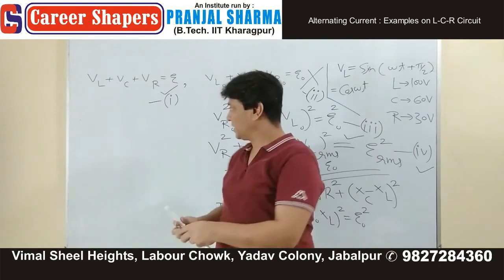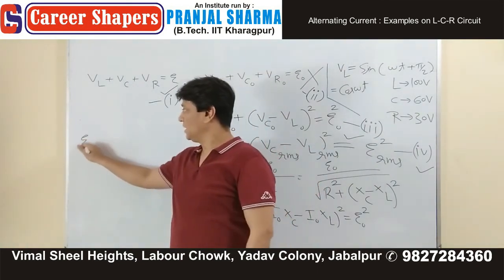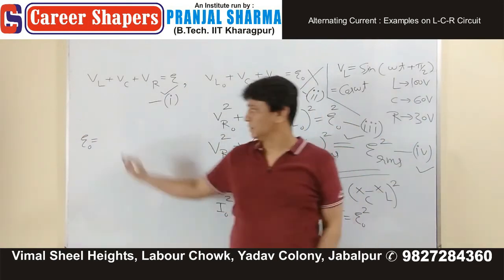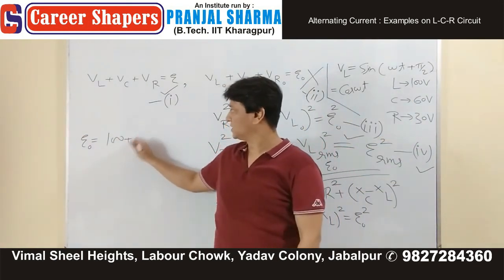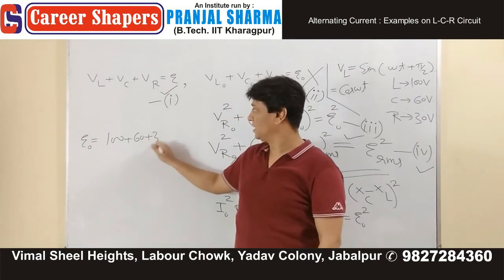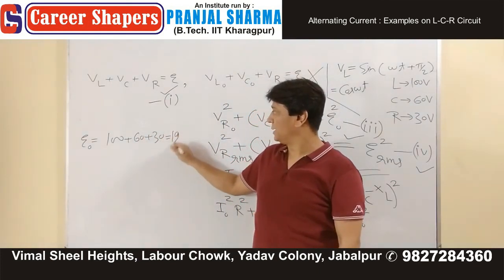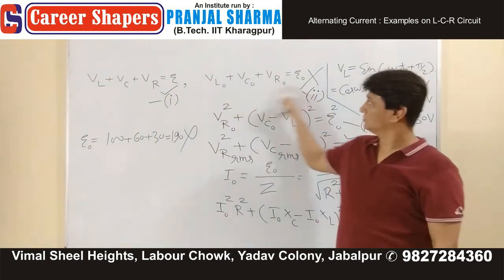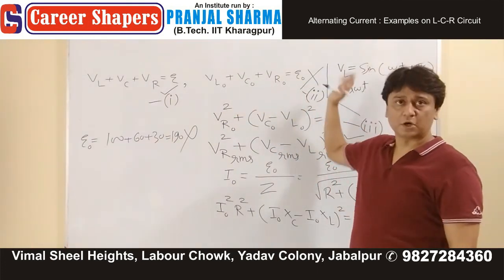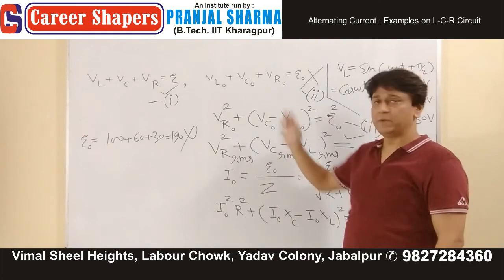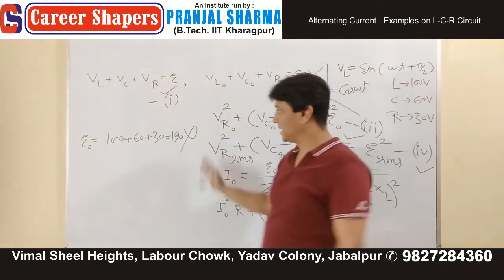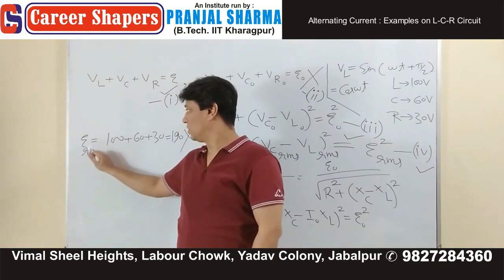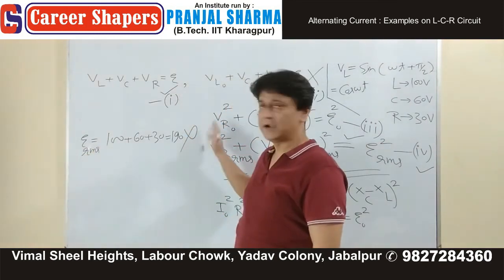So if somebody says find out E naught, and you add all these, 100 plus 60 plus 30, you write 190, then it will be wrong because you are basically adding the RMS values directly. This is not correct. The question was looking for RMS. For RMS, if you add all these, that is not correct.